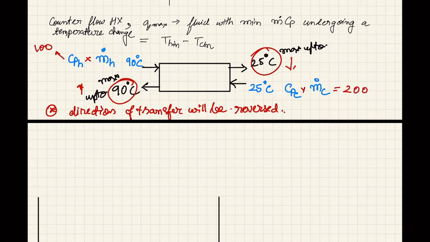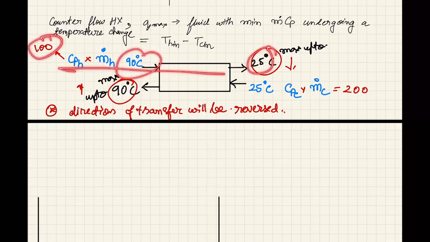So what is the maximum Q that we can undergo for this particular heat exchanger? So this one's temperature can go down to 25 degrees. Where can the maximum temperature of this one go? Only up to 90. Okay. So if I say 90 minus 25, which is 65, into 100 is the Q that I can get with this.